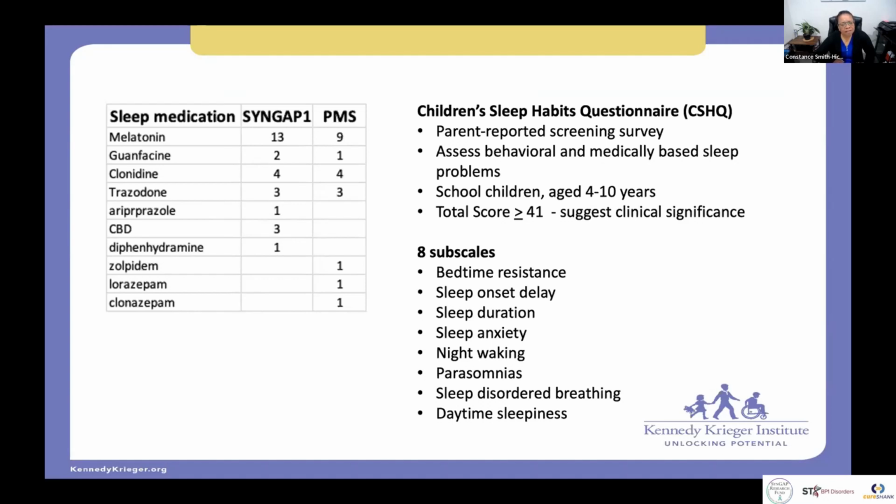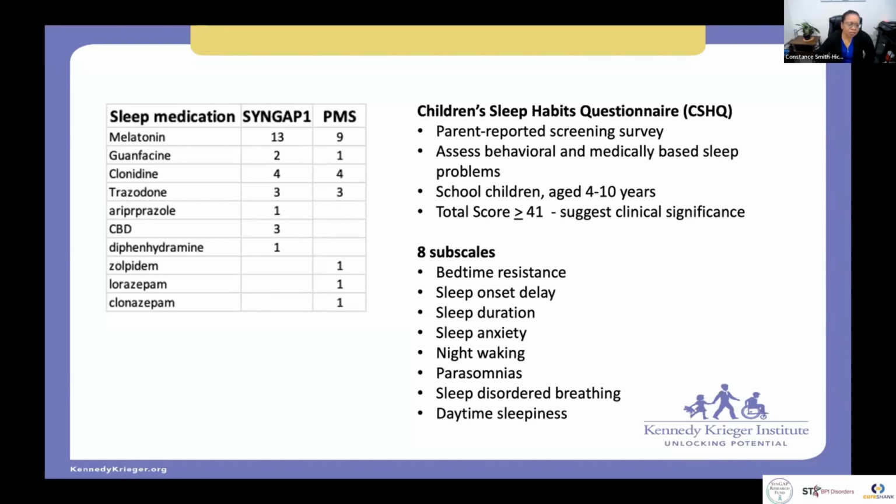The CSHQ has been validated in kids between age 4 and 10, but it's been used in children younger and children older. And a total score that is greater than or equal to 41 suggests clinical significance of disrupted sleep.